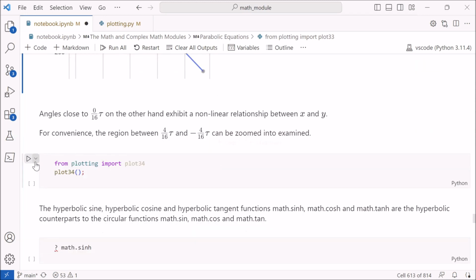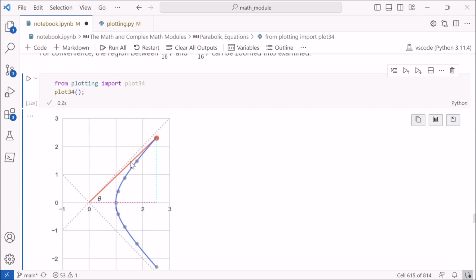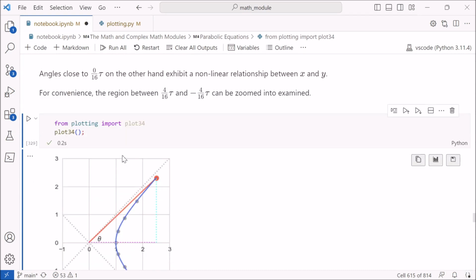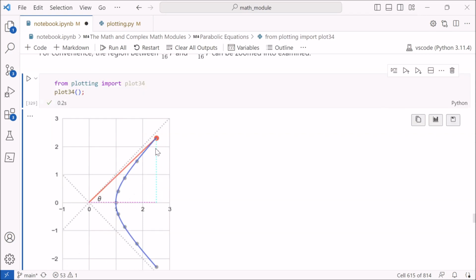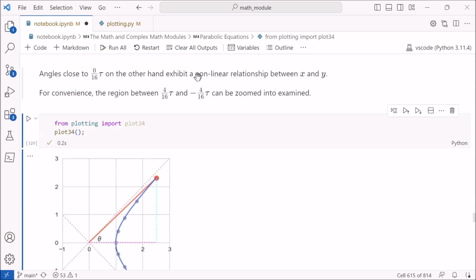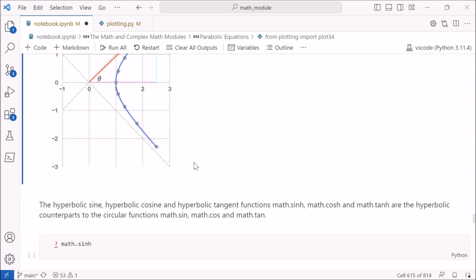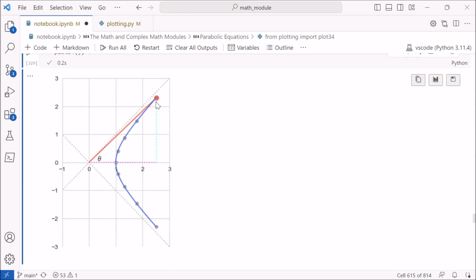So if we zoom in, we can see the deviation. So this is zoomed in between 4/16 tau and minus 4/16 tau, and basically this is 4, 3, 2, 1, 0 tau, minus 1, minus 2, minus 3, minus 4 tau, all over 16.